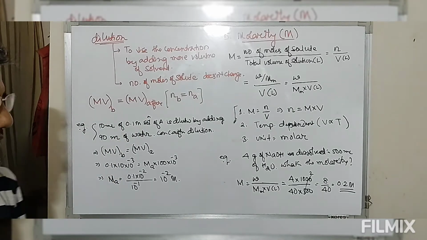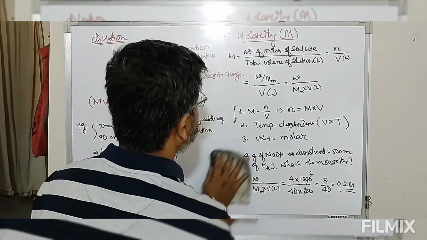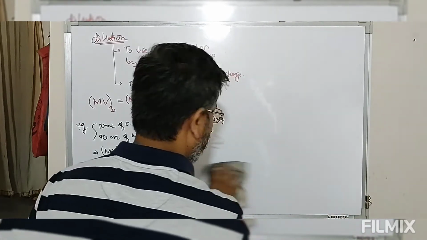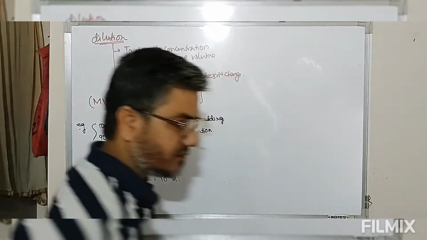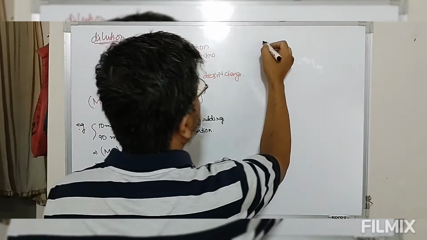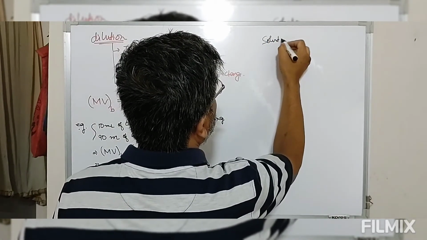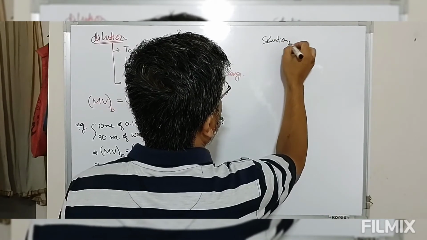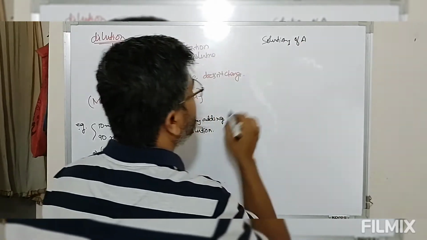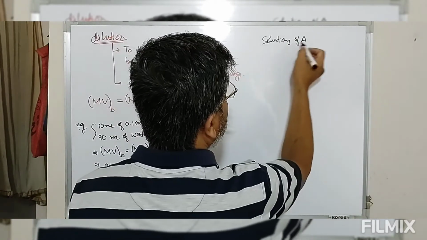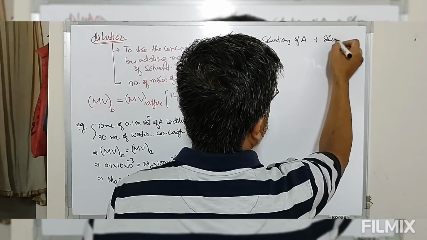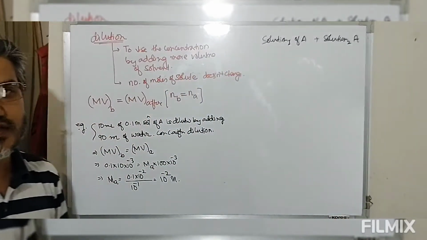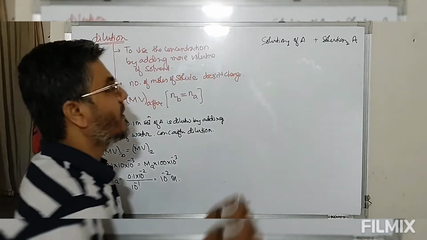Now another point regarding molarity. Suppose two different solutions are mixed together. Suppose we have solution 1 of A, which is mixed with solution 2 of A. So we have the same substance A in two different solutions.